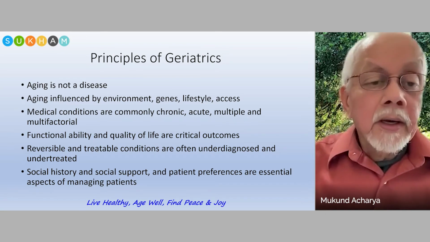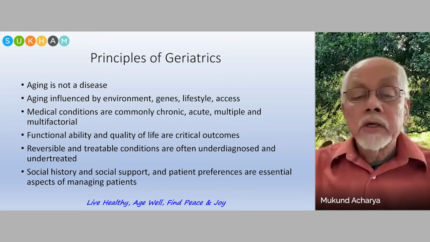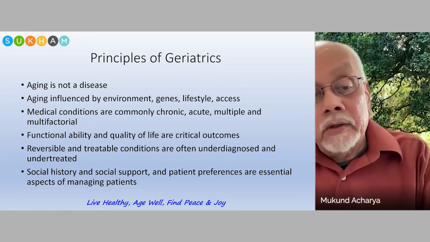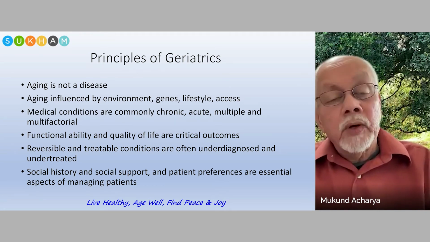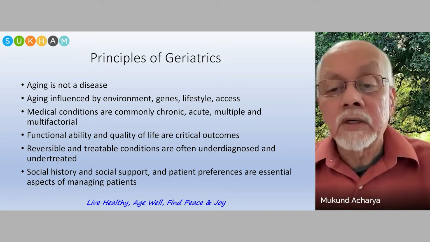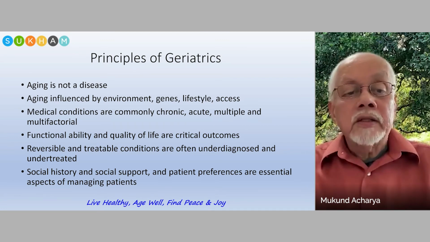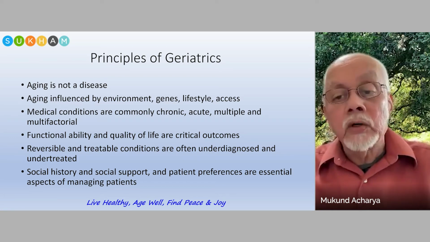Right? As we grow older, when we fall ill or when we develop conditions, we don't just have one thing going on. Typically, for a senior who's unwell, there are 6 different conditions that they're being treated for. And these medical conditions can be chronic, meaning it's long lasting. It can be acute. It can be very serious for a while and then completely go away.